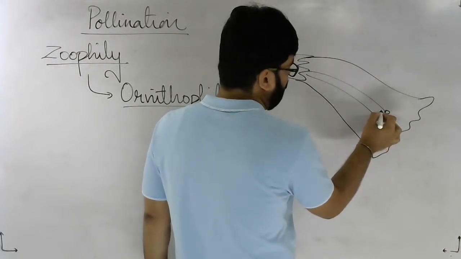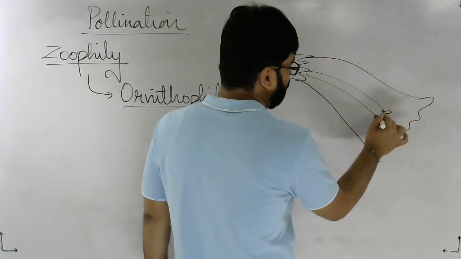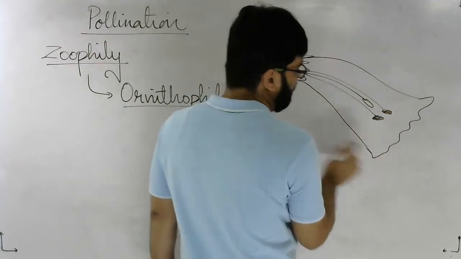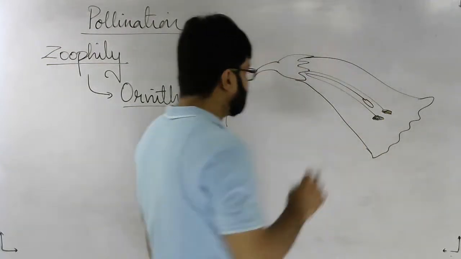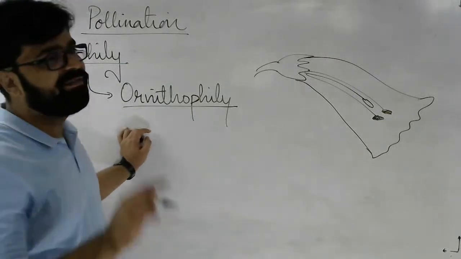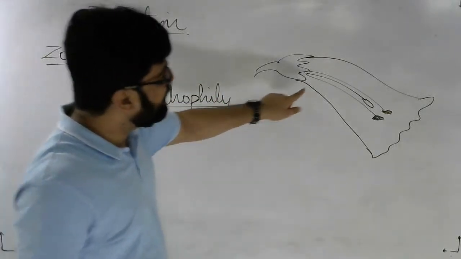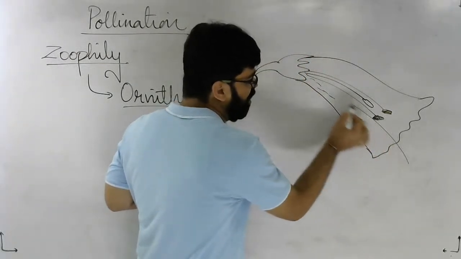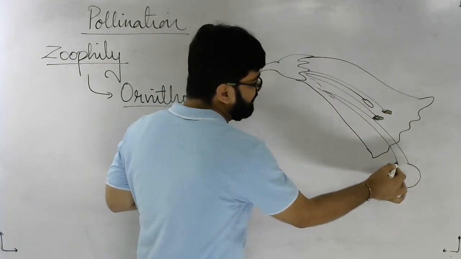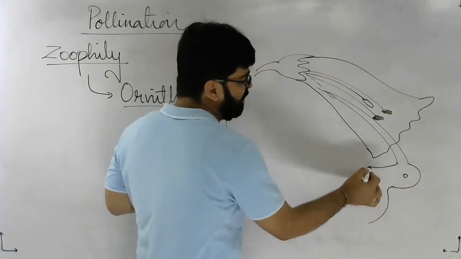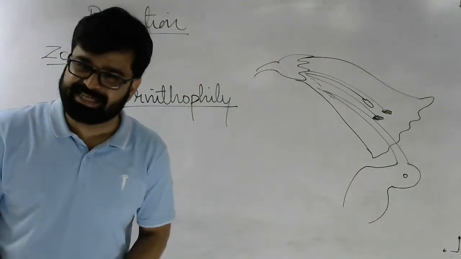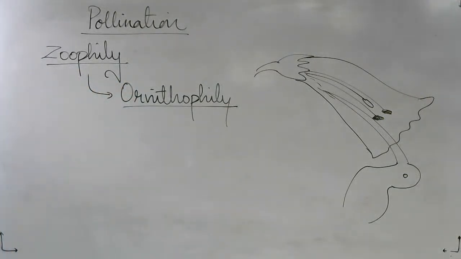Now, the birds which help in ornithophily have a long beak just to collect the nectar released by flowers. Okay, long beak. Definitely this bird will be a hummingbird or sunbird. Yes, it should have a tubular corolla. I have told you, a tube-like structure.